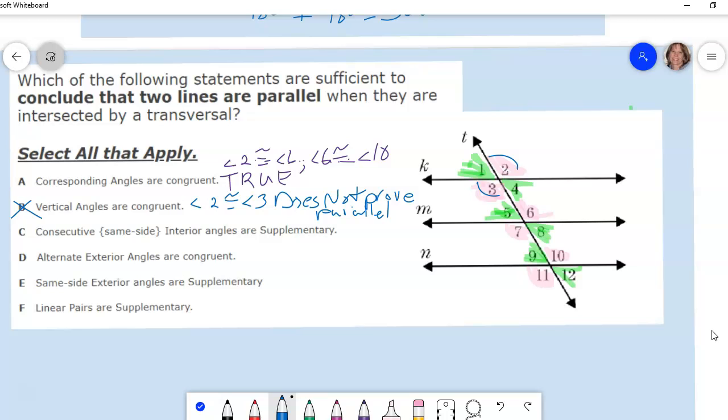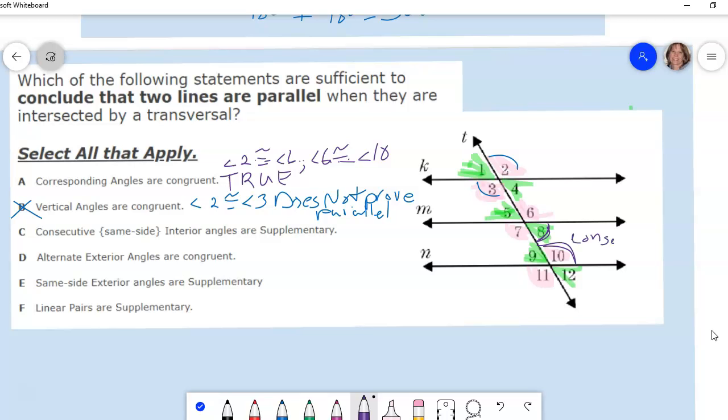Consecutive interior angles are supplementary. All right, let's take a look at some consecutive same side interiors. For instance, angle 4 and angle 10. Well, these are definitely consecutive.